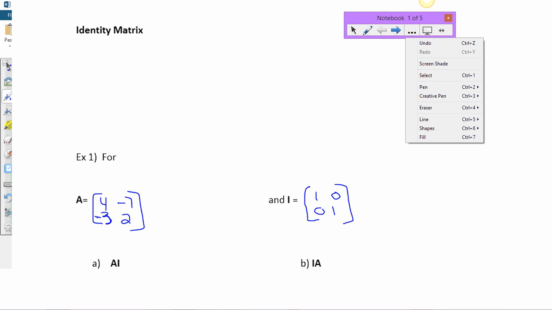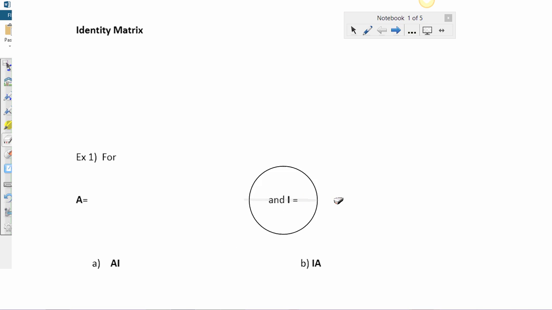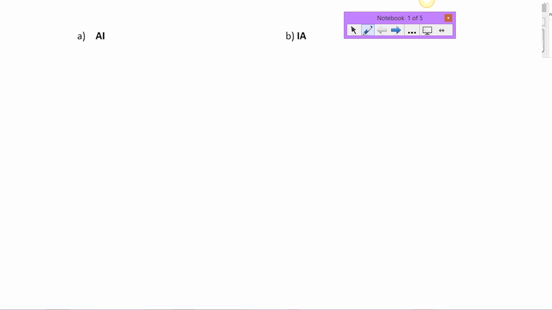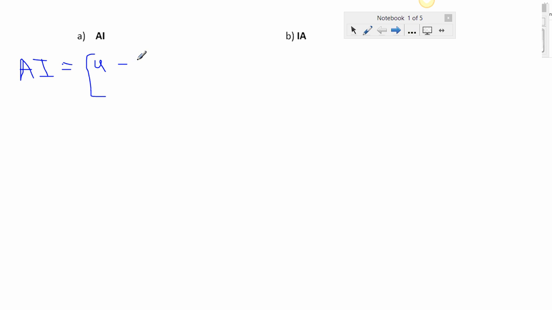Okay? So let's first do AI. We're going to write A and I side by side, matrix A, matrix I, so that we can perform this multiplication. And we have 4, -7, -3, 2.